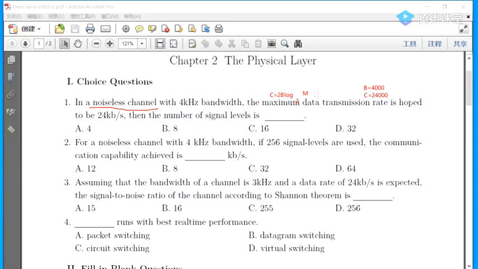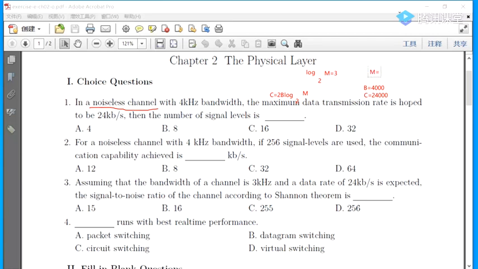So log 2 M is 3. So 2B is 8,000 and the log is equal to 3.